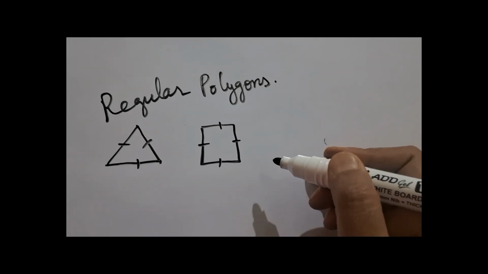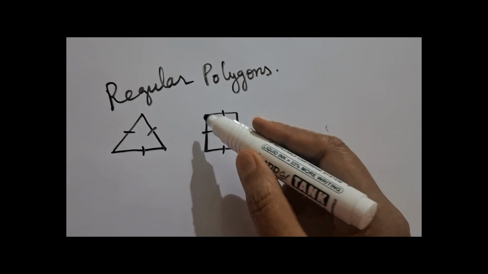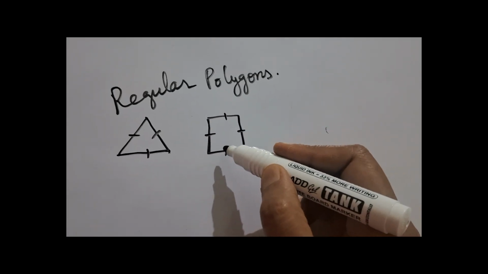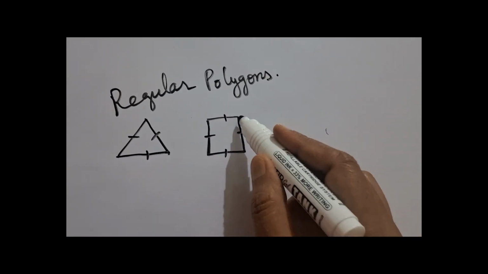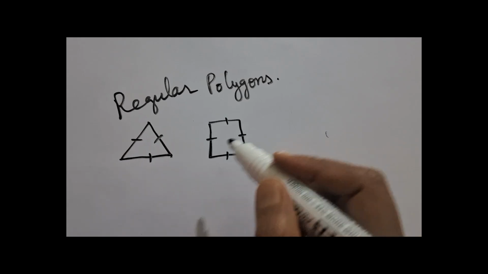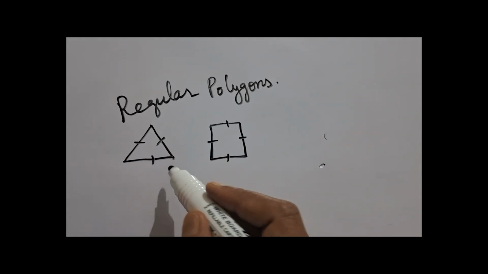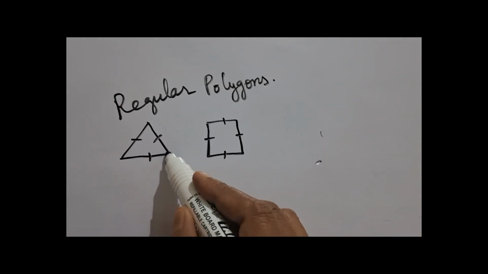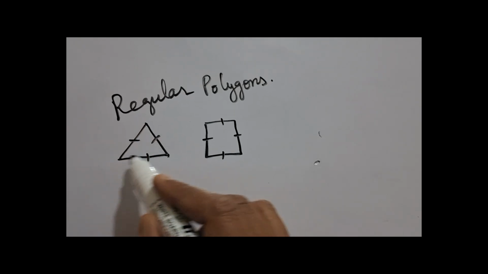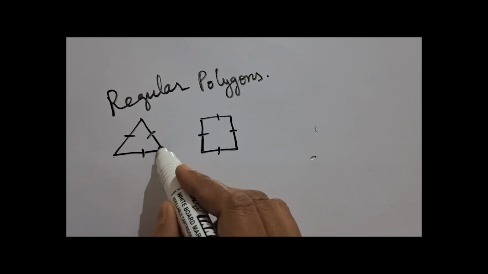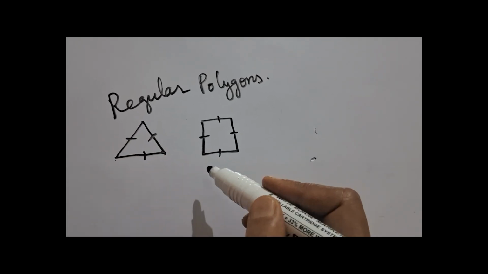Now children, we know that a polygon is a simple closed figure which is made up of line segments only, isn't it? Now here we can see that in this triangle which is having 3 sides, all sides are same. All sides are equal in length.